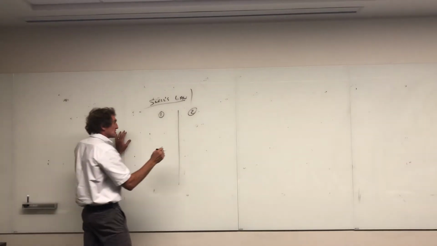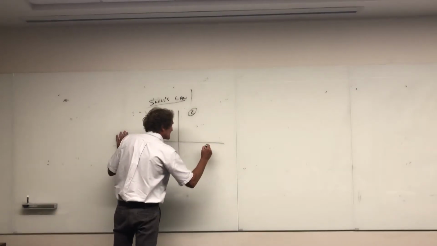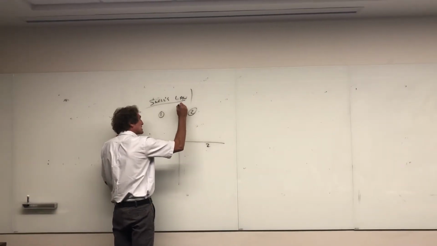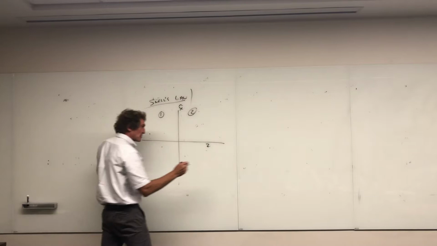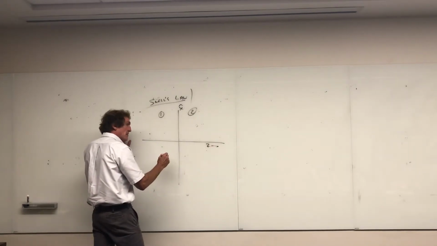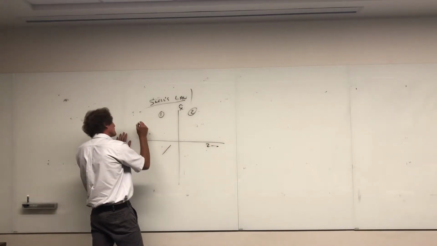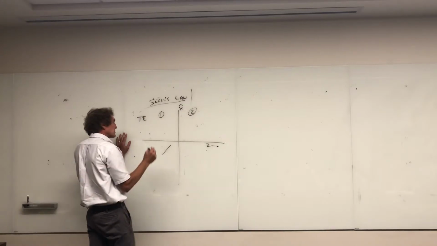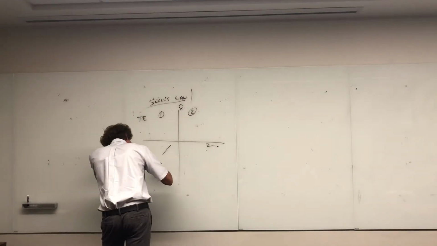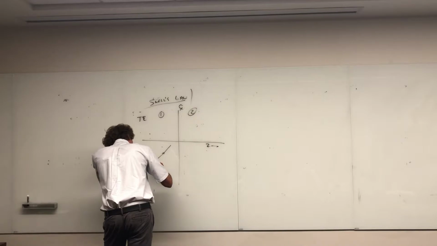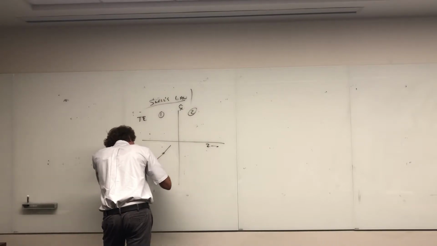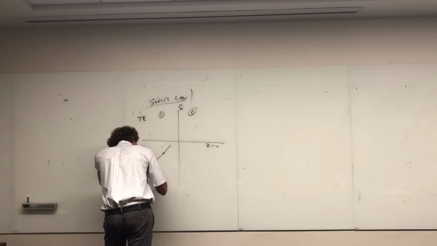Here's the normal, that's the z direction. Call this the x-axis right here, and that's positive z. Now with Snell's law, I'm going to do this for the TE mode, transverse electric. So I'm going to have an electric field coming out of the board this way.